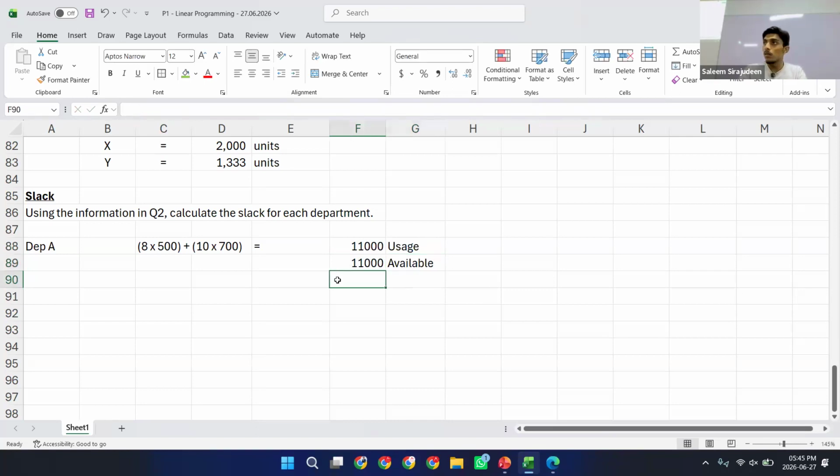So available is 11,000. What's the slack? You have 11,000 and you are using all 11,000. Is there any balance? No. So the slack is 0.